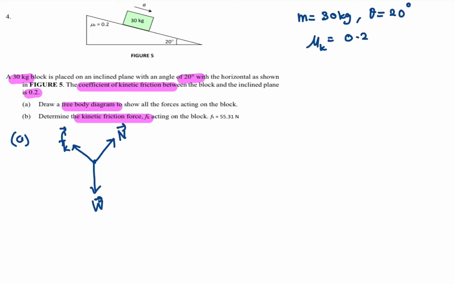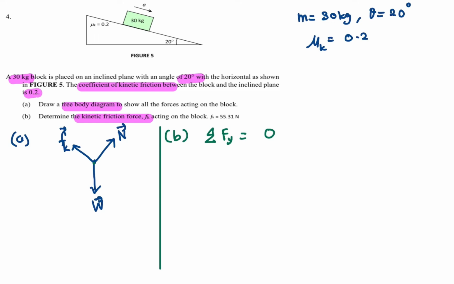Okay, so now this is your free body diagram, and then next you want to find your kinetic frictional force, where you have to find from y component. Summation fy will be equal to 0.